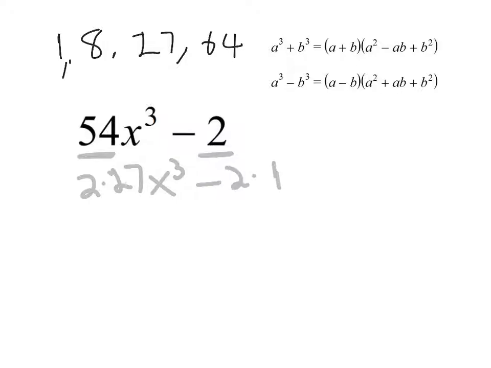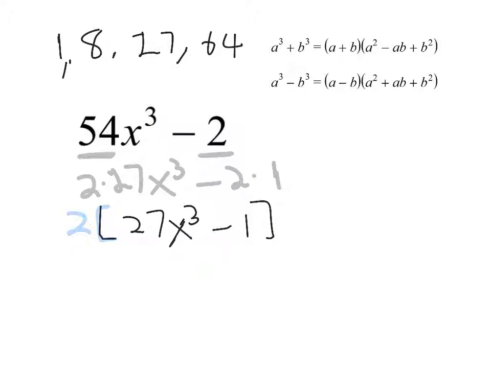See, our goal is to write it like cubes. Now we are going to simplify some more. We are going to pull out the 2 that is common. So 2 is common, so it's going to be 27 x cubed minus 1 that is left.